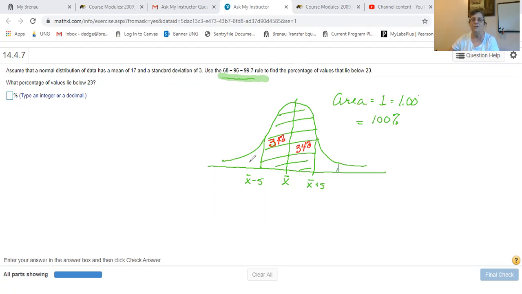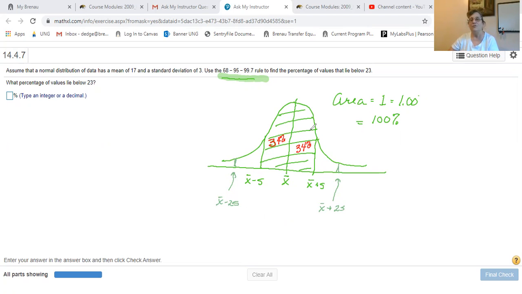Now, if we go 1 more standard deviation up and down, so this would be our average plus 2 standard deviations. This is going to be the average minus 2 standard deviations.